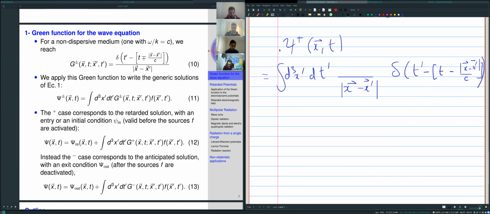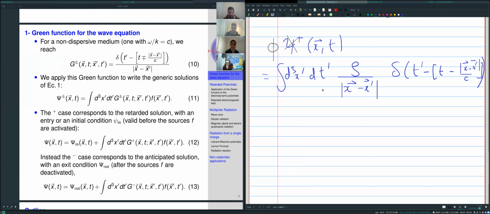Let's focus, for instance, that's a good idea actually, on the electric field. We'll be replacing this generic phi by the electric field. In this case, what goes here, from memory, is going to be the charge density. I think that's just like that.